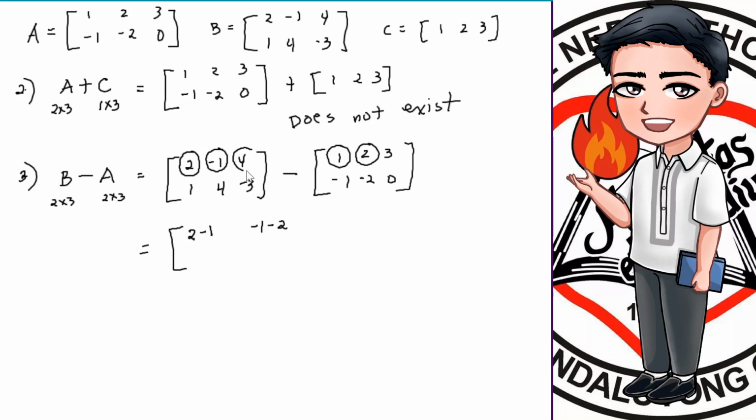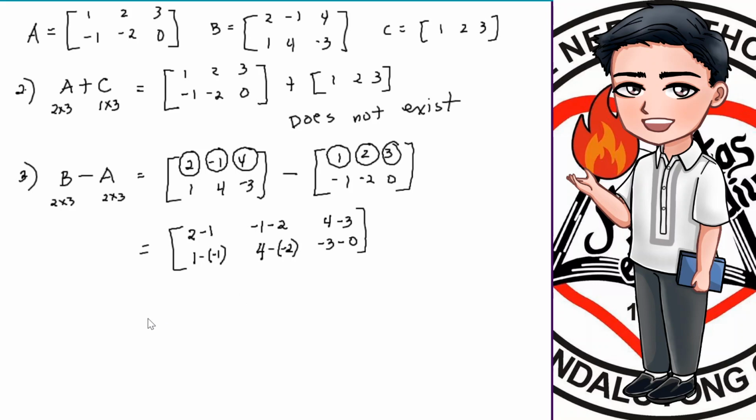Then 4 and 3, so that is 4 minus 3. Next, 1 minus negative 1. Then 4 minus negative 2. And lastly, negative 3 minus 0.